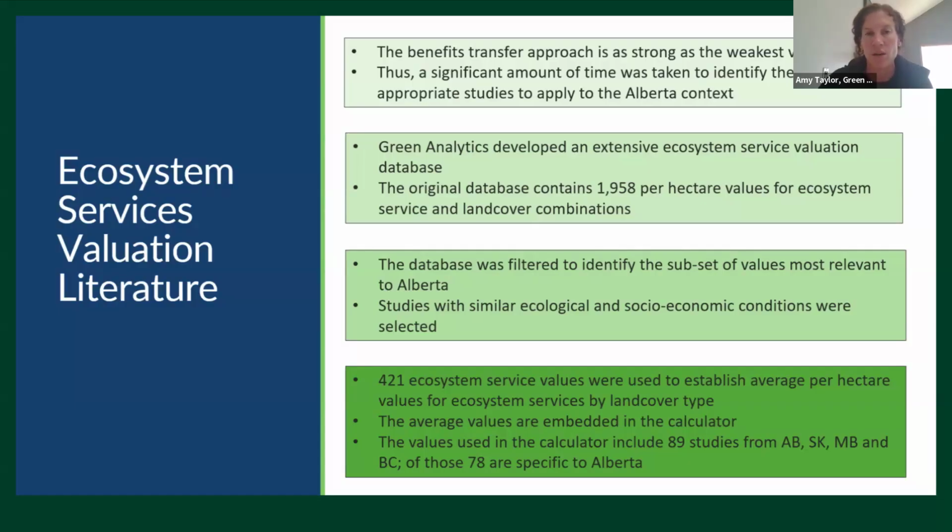We chose studies with, to the greatest extent possible, similar ecological and socioeconomic conditions. Ultimately, we selected 421 studies or values to establish average values per hectare for different ecosystem service and land cover combinations. Those are the average values that are embedded into the calculator.